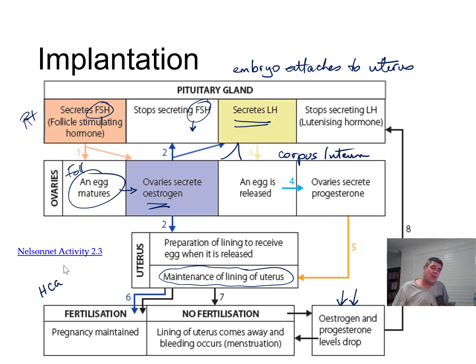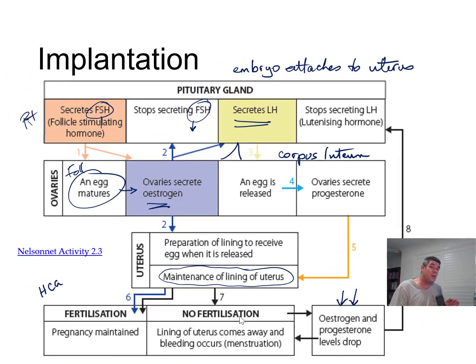And this is a hormone that basically says there is an embryo now growing. It is going to take over the running of the hormones that are going to inhibit the casting away of the lining of the uterus, so that the pregnancy is maintained.